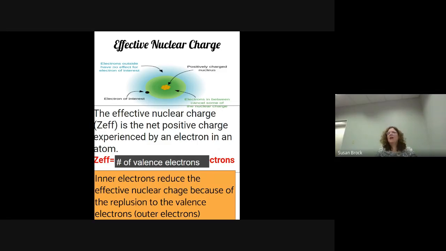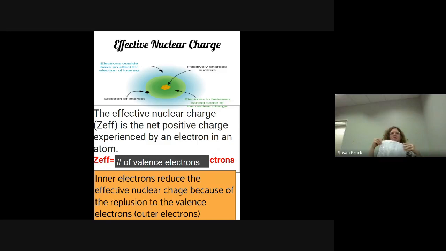Okay, so that changes across a group. That doesn't change down a group because the valence electrons never change down a group. But across a period it does, so really the effective nuclear charge we could really only talk about across a period. Okay, all right. So if we look across a period, on the left-hand side of the periodic table, the effective nuclear force is small, 1, 2, because that's how many valence electrons we have here.